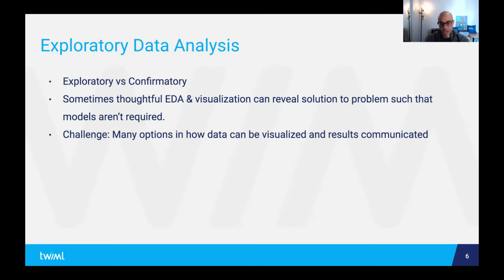I think furthermore, because it's exploratory, it's a scientific process, and it's also very difficult to state how this process needs to go. You're playing with the data, coming up with hunches, following hunches, formatting the data in different ways, visualizing it in different ways.